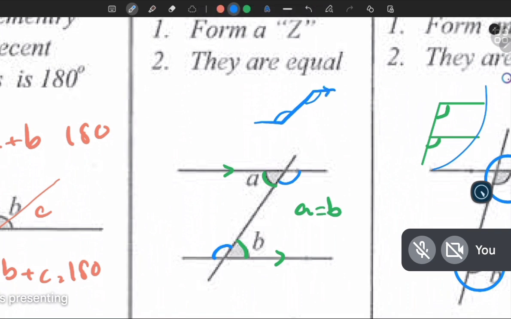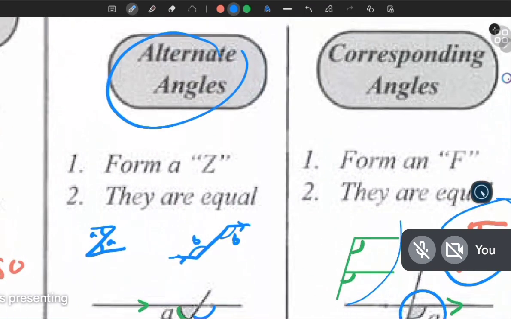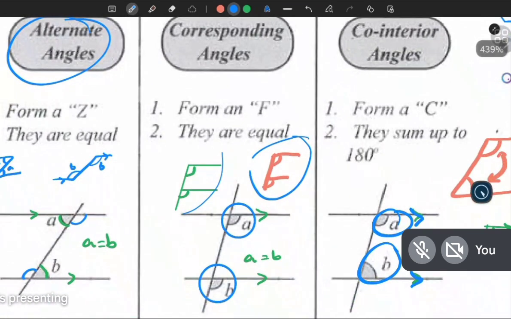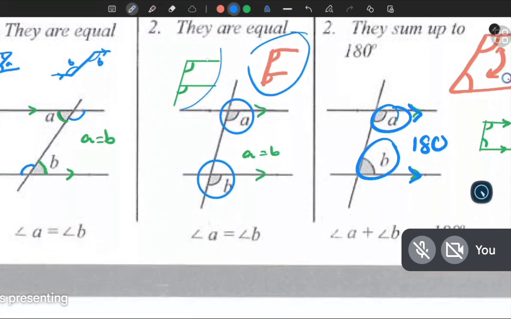So if these two lines are parallel, these angles will also be the same, and these angles will also be the same. And furthermore, these are called alternate angles, right? Now, corresponding angles are angles where we look for an F. So we have two parallel lines, and therefore this angle and this angle are equal.